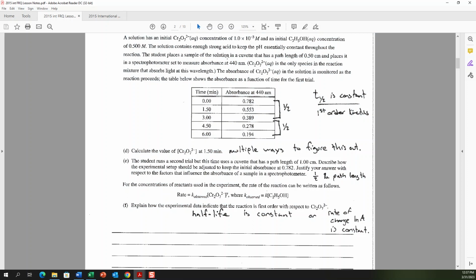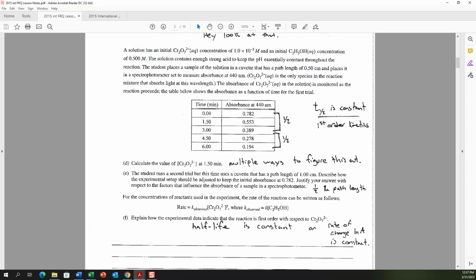Okay, so just real quick, just some notes I put up here. I figured out that dichromate was first order kinetics. Did they say that? No. But what I did was, remember, when you're given amount versus time, whether it's concentration versus time, absorbance versus time, partial pressure versus time, remember, try to find the half-lives. So 0.78 divided by 2 is around 0.389.